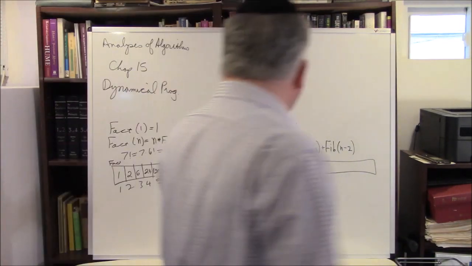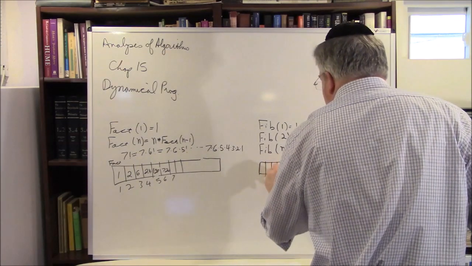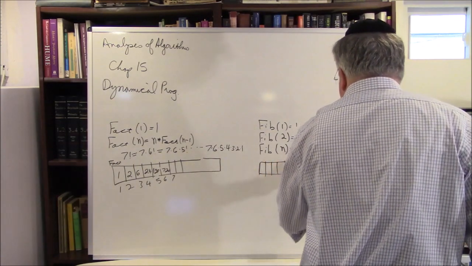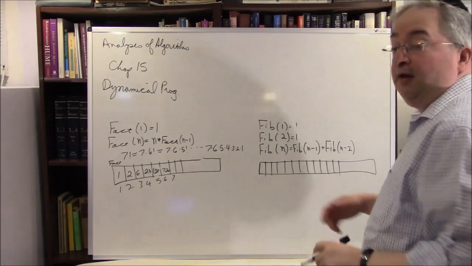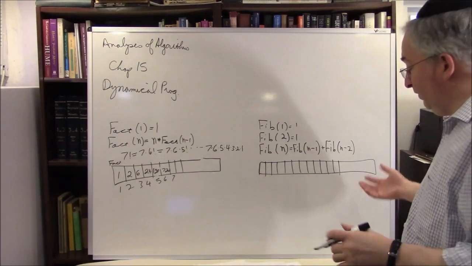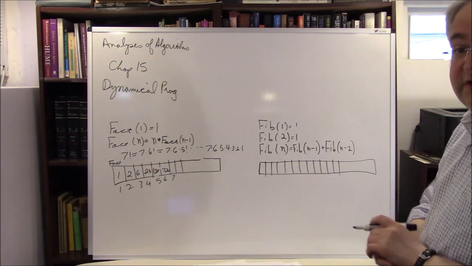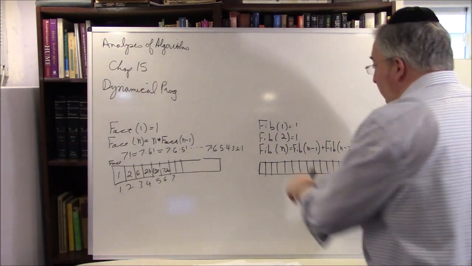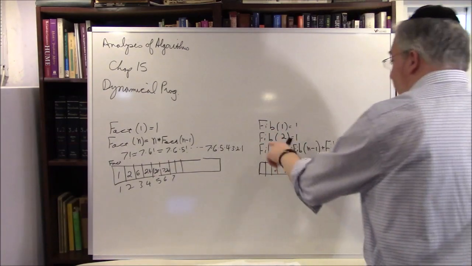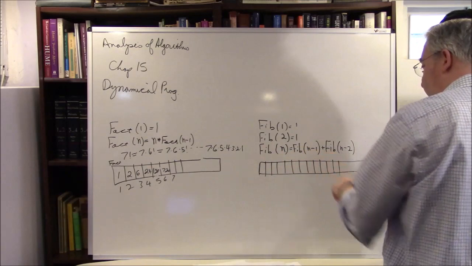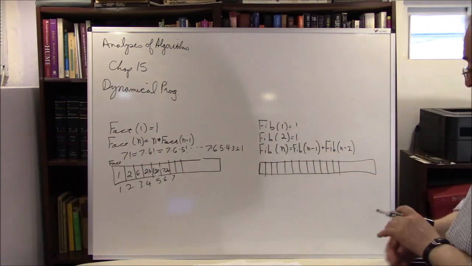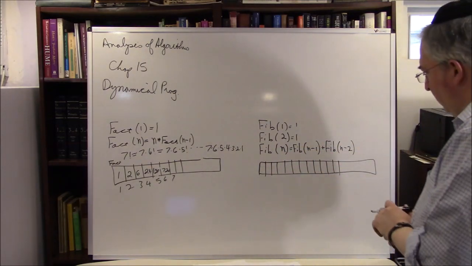Okay, let's just do Fibonacci. Again, that's probably done in first semester recursion theory. It's the first example of recursion that you see. The Fibonacci of 1 is 1, Fibonacci of 2 is 1, Fibonacci of n is equal to Fibonacci of n minus 1 plus Fibonacci of n minus 2.